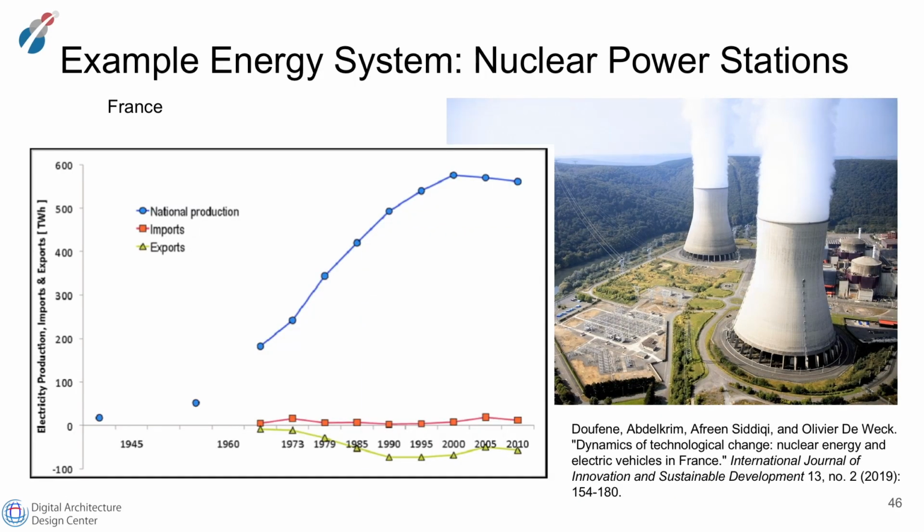And then finally, the third example is nuclear power stations, which I know is a big topic in Japan, especially after 2011. Another example of a country that has invested heavily in nuclear power is France. So this article and this chart here shows you that within about 20 years, France went from almost zero electricity production from nuclear to over 80%, 85%.